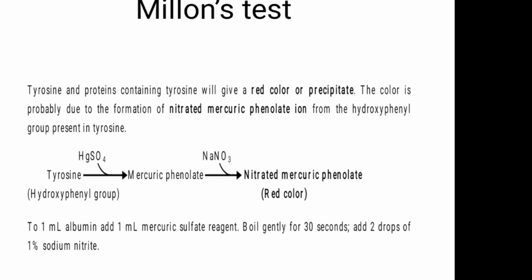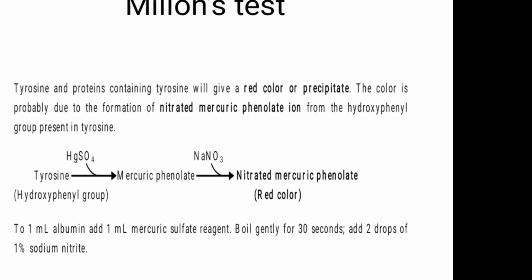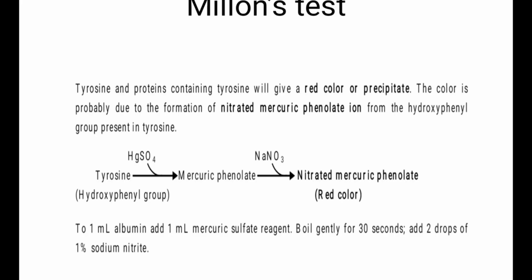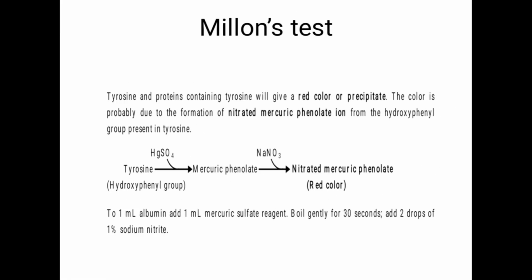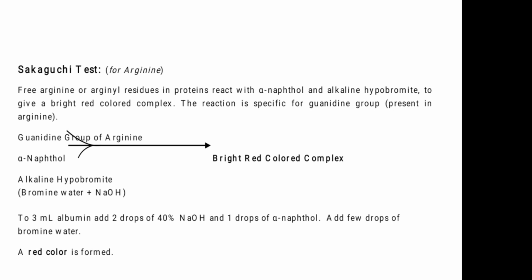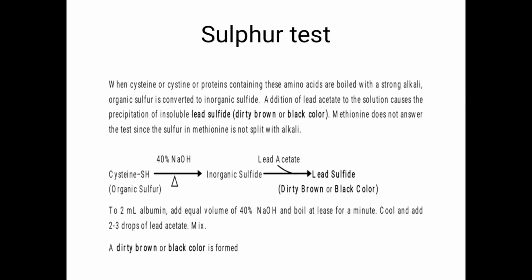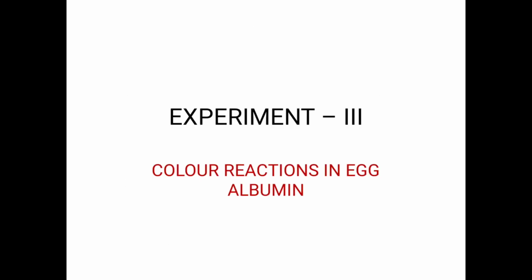Millon's test for tyrosine, aromatic amino acids. Sakaguchi test for arginine, which contains the guanidine group. Sulfur test mainly for cysteine and cystine. These are the 5 reactions.